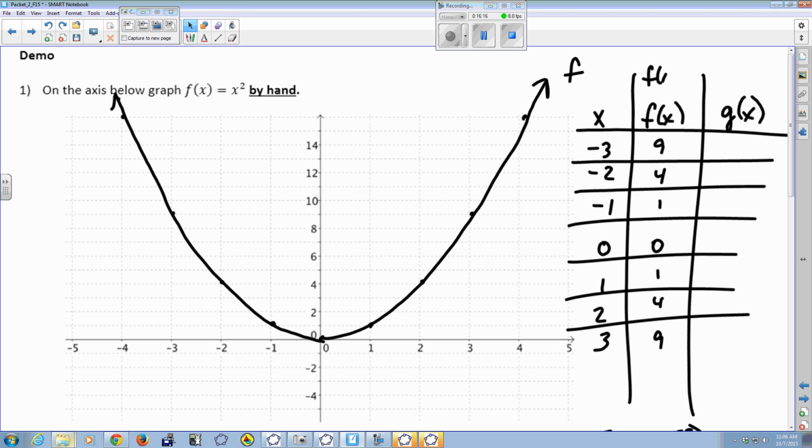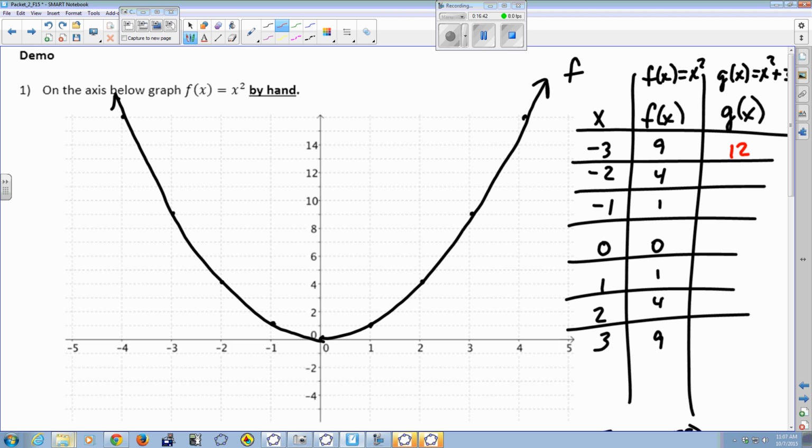This is my x squared column. g of x says take x squared and add, what was it? 3. So I can look right at this column here. This is the same. f of x is x squared, and I can add 3 to all of my outputs. So let's see. If I add 3 to 9, what do I get?